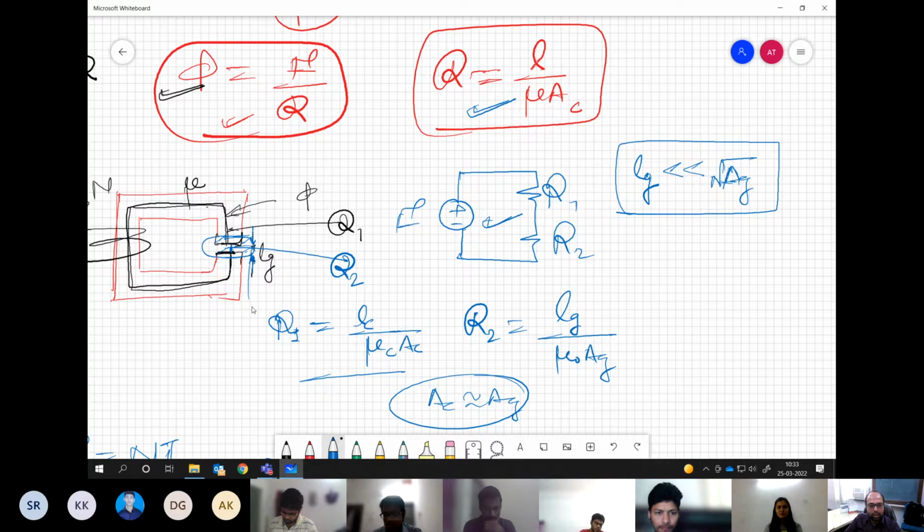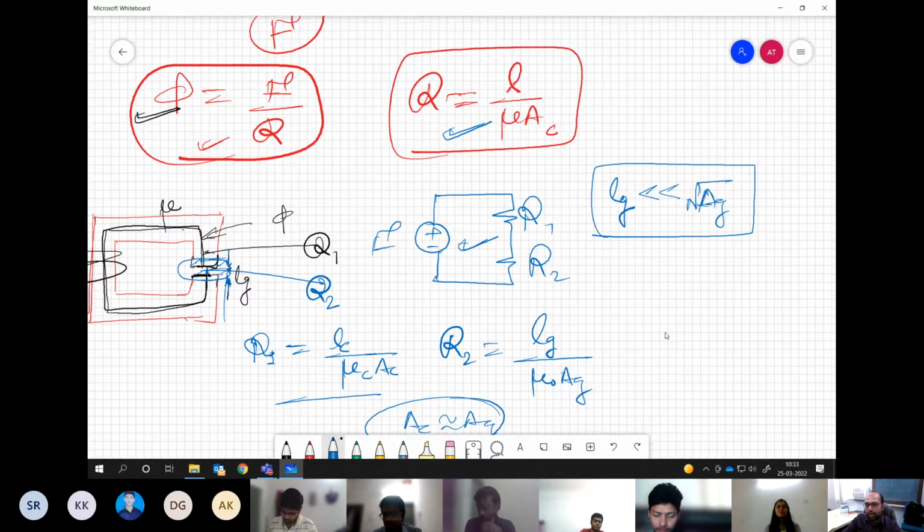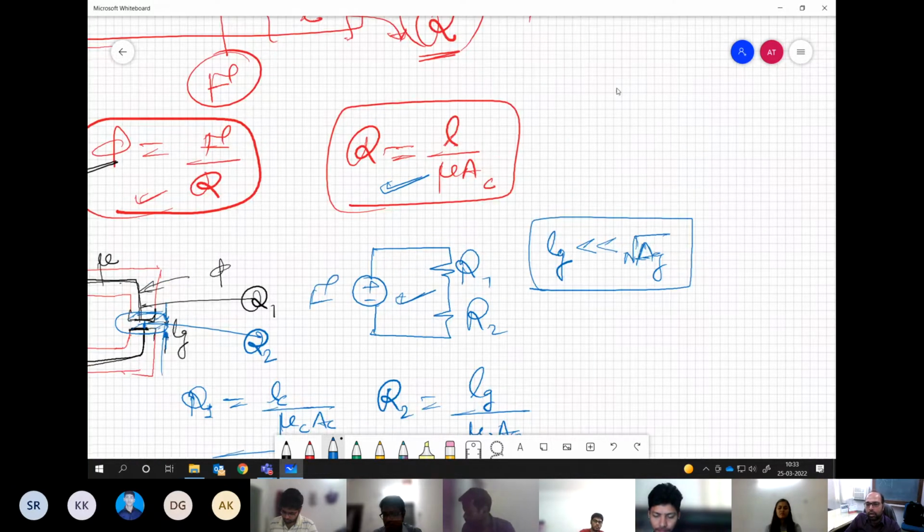That's the general understanding. So what happens, let us say we have the slot cut open for our core over here. The fringing effect, what we have heard. So basically the flux lines are flowing from one part of the core to the other part of the core.